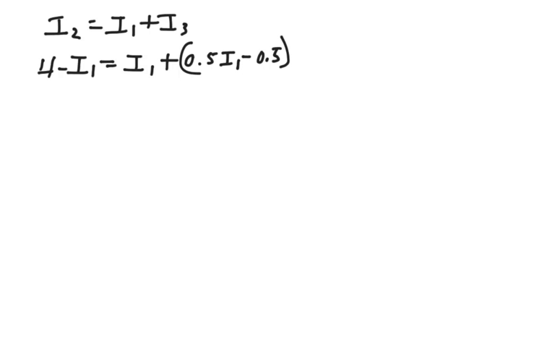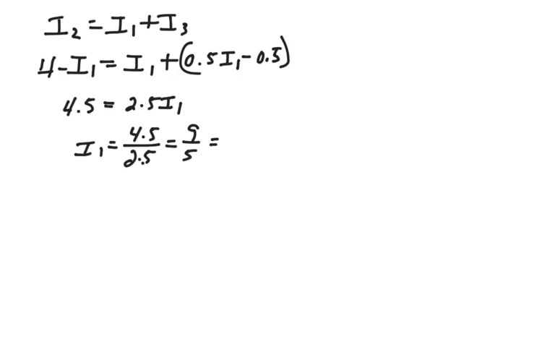Put all the I1s together and all the numbers together, so I have 4.5 is equal to 2.5 I1, or I1 is equal to 4.5 divided by 2.5, which would be 9 divided by 5, or 1.8 amps.